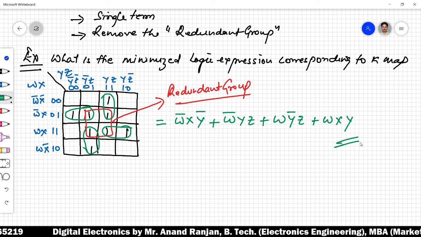This is how we actually solve the given problem.